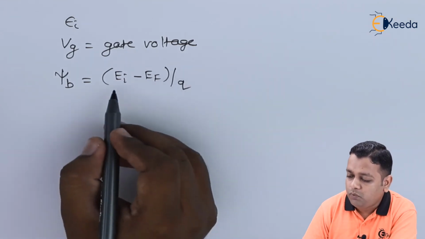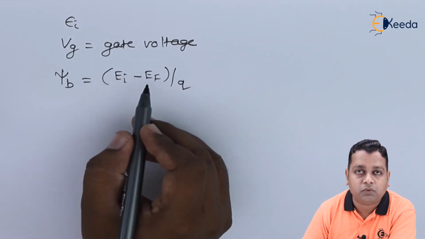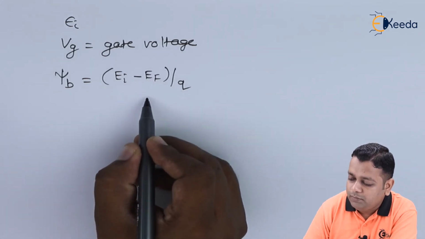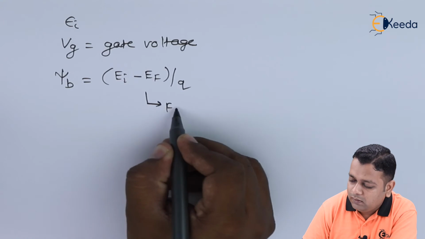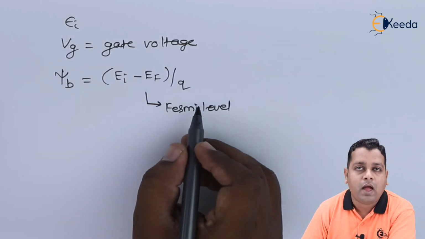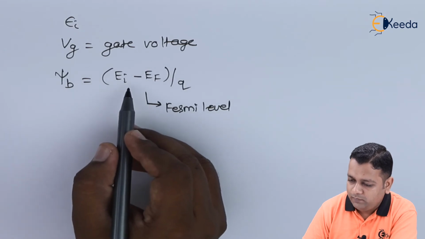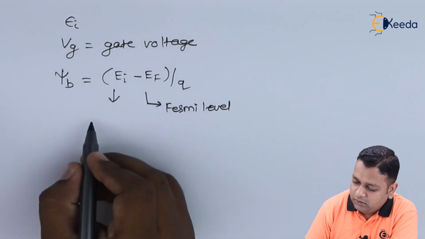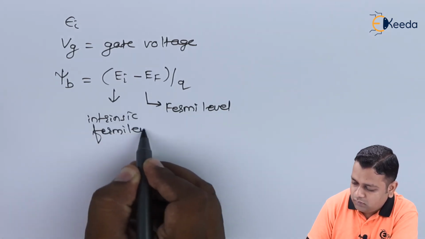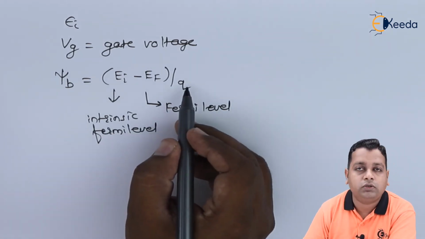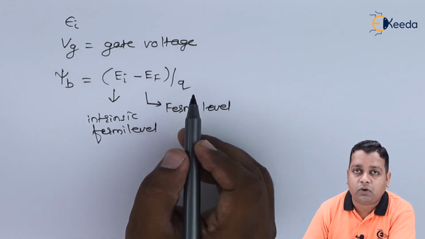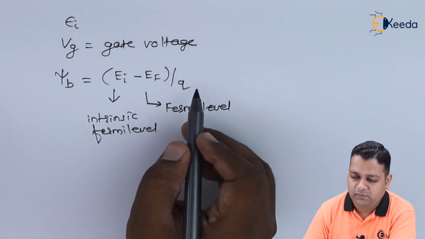So this is the potential difference between capital E suffix F, representing the Fermi level, and E suffix I, the intrinsic Fermi level. Whereas small q is the electron charge, 1.6 into 10 raised to power minus 19 coulombs.